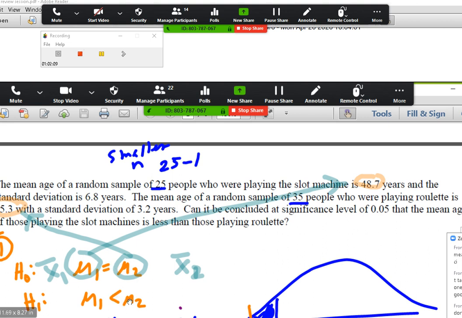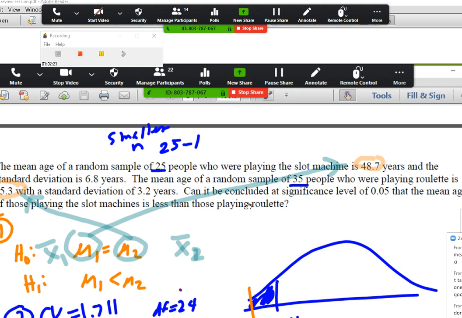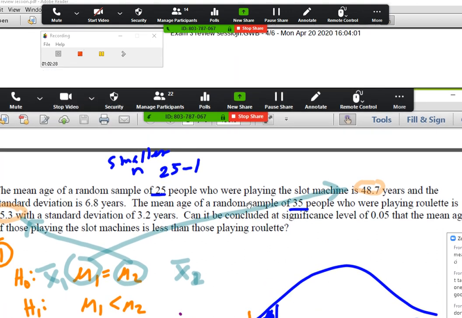This is where they're independent. So you have two different mu's, and two different x bars and two different s's, because I've given you all these pieces. You can't make them into one. So that's why this one's a little bit different.